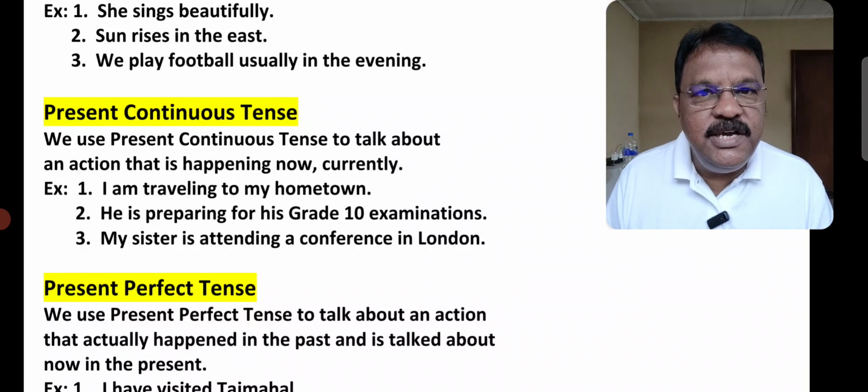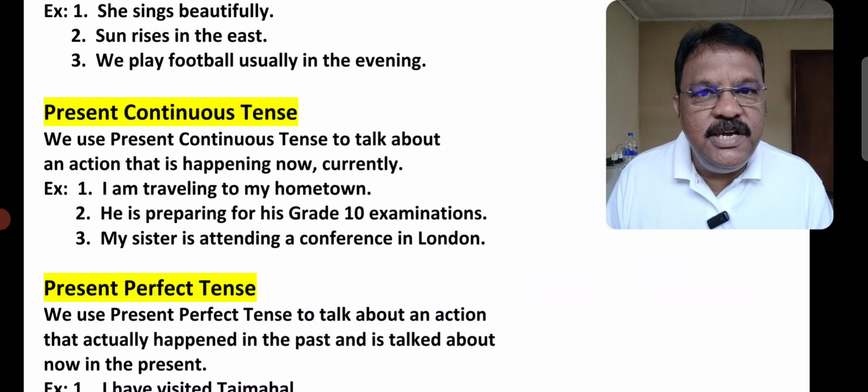Look at the third example. My sister is attending a conference in London. When is she attending? Now. Her attending the conference is going on now, not in future, not in the past, or not always.